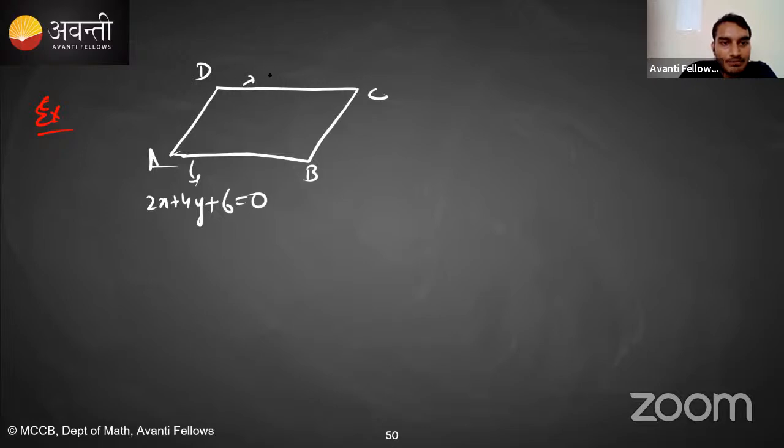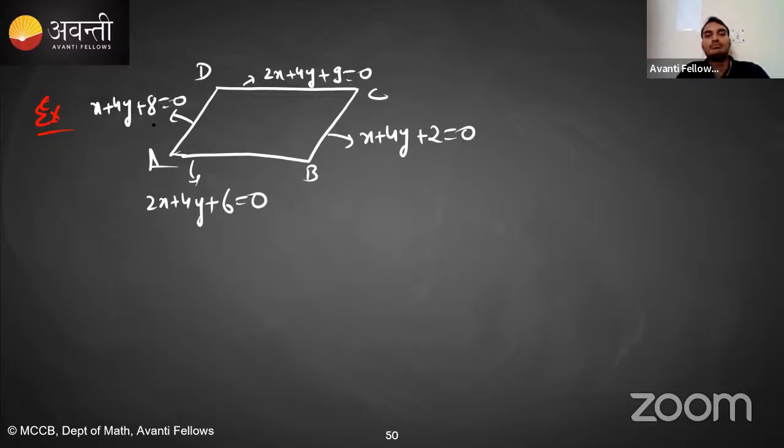This line is 2x plus 4y plus 9 is equal to 0. And let's say this line is x plus 4y plus 2 is equal to 0. And let's say this line is x plus 4y plus 8 equal to 0.